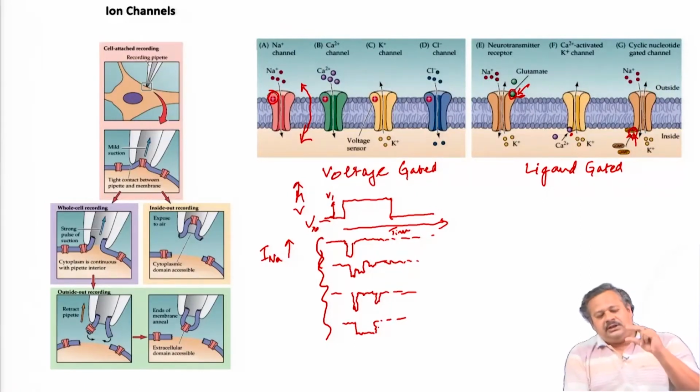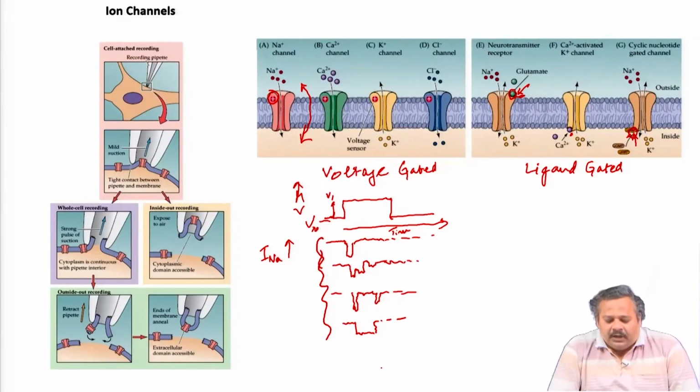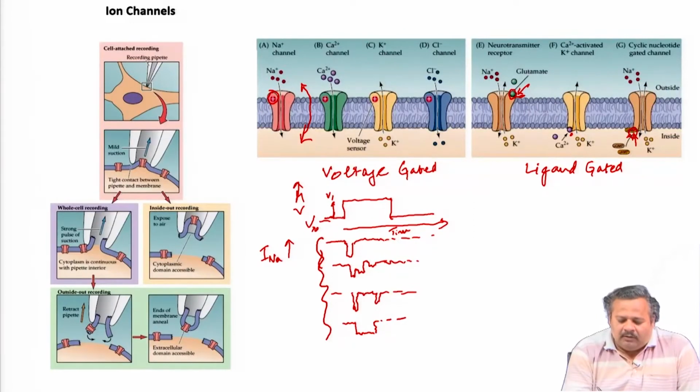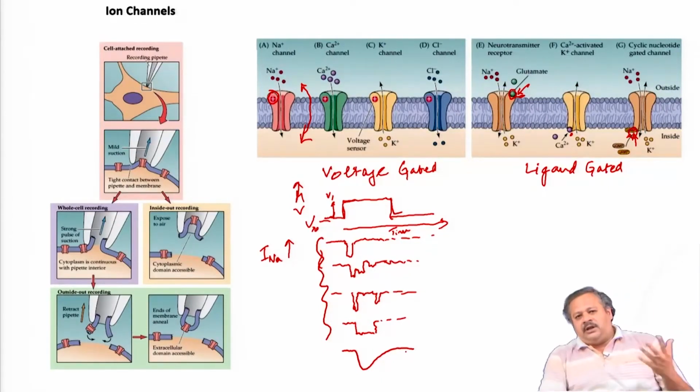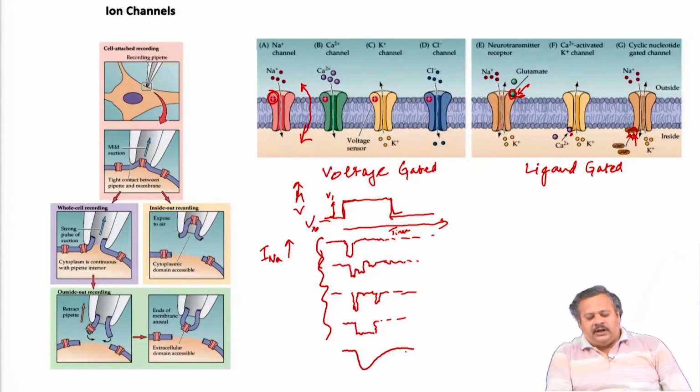So, if I depolarize the neuron and measure the sodium currents, then for this kind of a pulse of membrane depolarization, what we will see is an overall current somewhat like this, a smooth curve, if we average multiple repeats, of the order of tens to 50 repetitions.